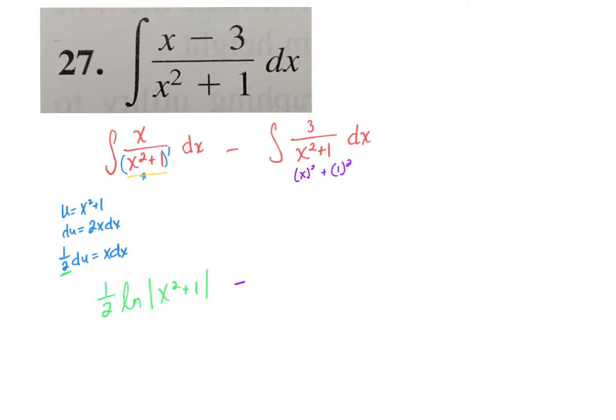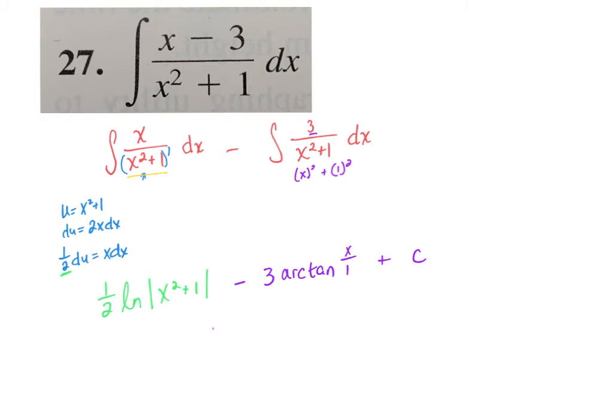So from this, I'm going to subtract, the 3 is just being multiplied. I'm going to subtract that 3, and it's a perfect arctangent. Arctangent, right, of my function, which is x, over my a, which is 1. And then, of course, I have my plus c here. And, of course, to simplify it, you can just take out that 1 over here.